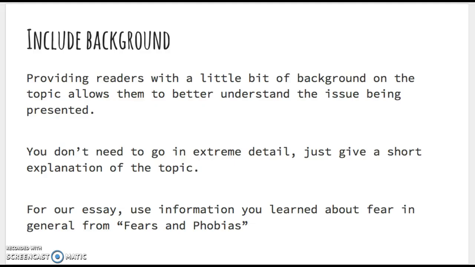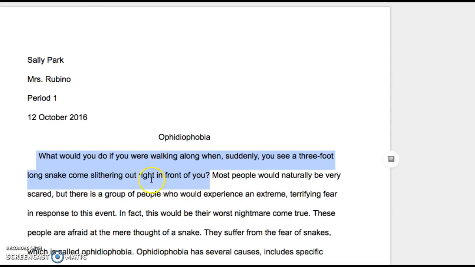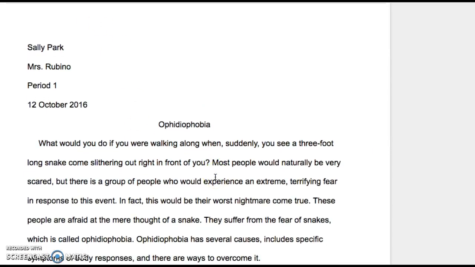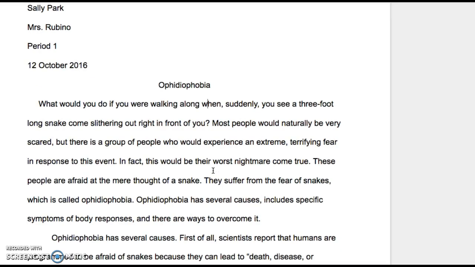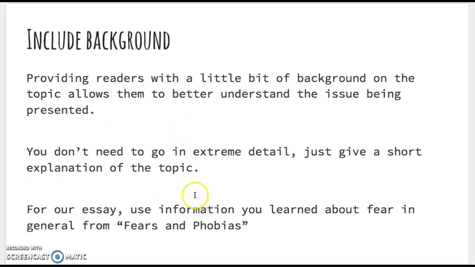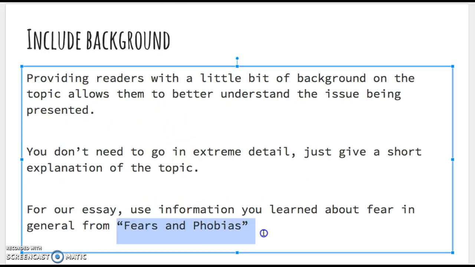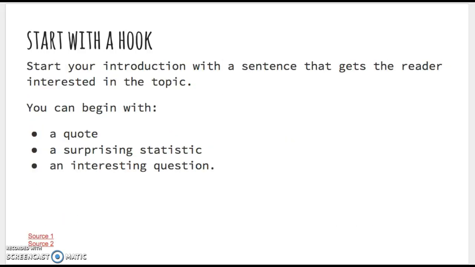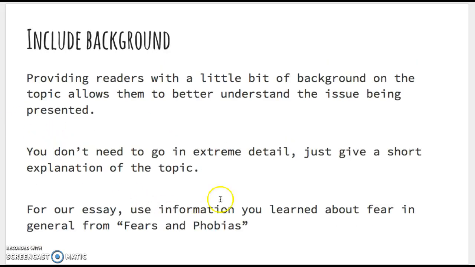After we've done that, we want to provide the reader with a little bit of background on this topic, to let them understand a little more the issue or the topic we're going to be teaching them about. The sample essay used a little bit of information that came from the article Fears and Phobias. You don't need to go into extreme detail. Just give a short explanation of the topic.